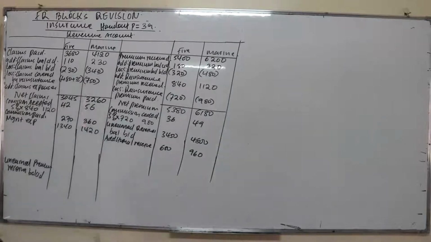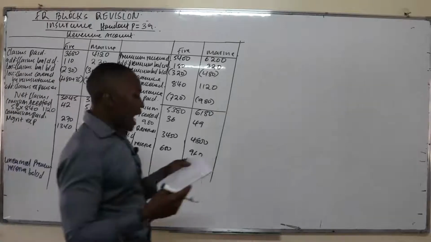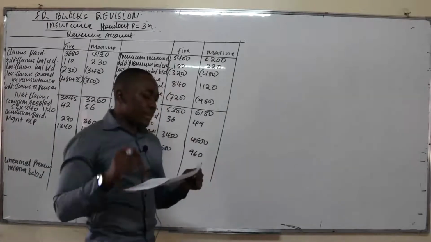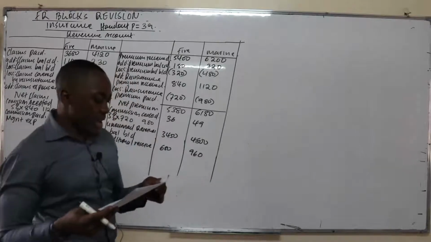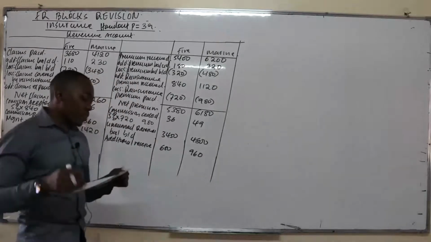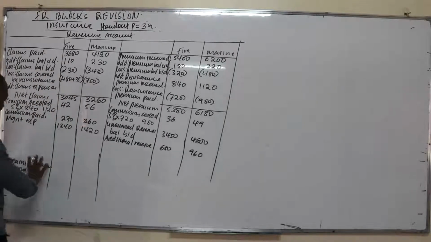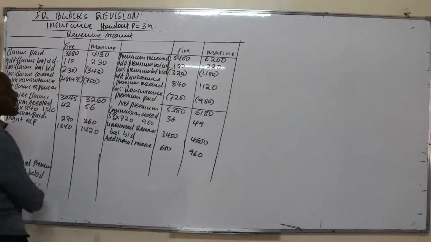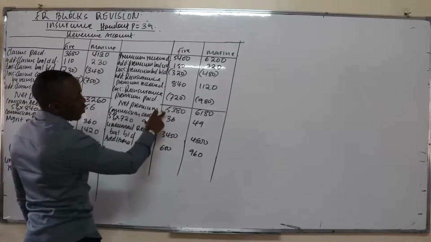So let's go back to note number 7. And that's what we are told, number 7, you're told that an unearned premium reserve is maintained at 50% of the net written premium for fire insurance and 100% of the net written premium for marine. So for unearned premium balance carried down, we are told that for fire, we maintain 50% of the net premium.